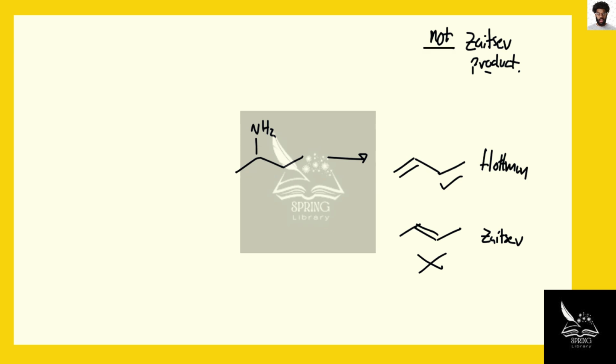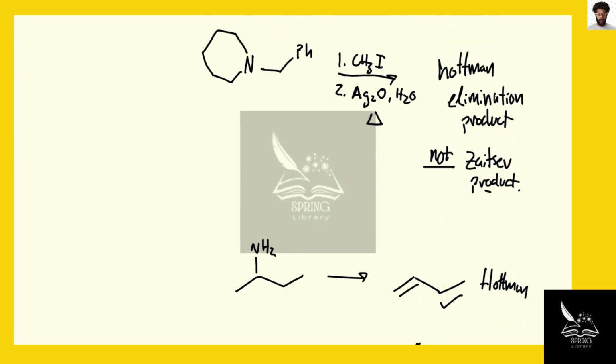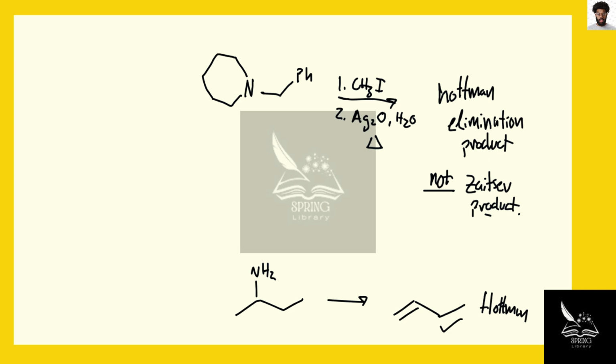Now it's a little harder to see that in our example, but what we're basically going to do is break either this bond or this bond. It won't really matter. And then we'll form our double bond here. The reason is that we cannot really break this bond and form a double bond here because the phenyl ring prevents it.